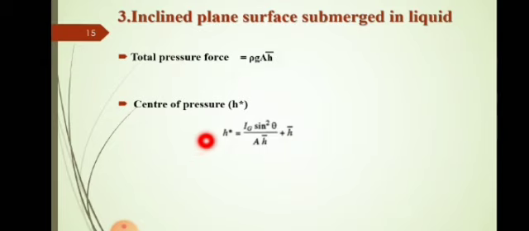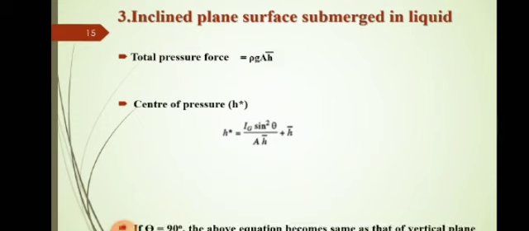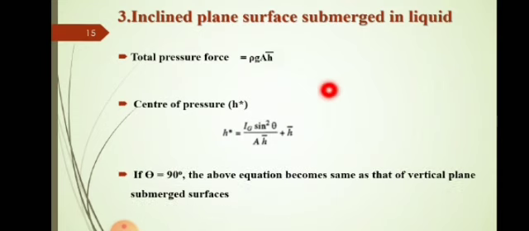So for the first case, the vertical case, the H star equation was Ig by A h bar plus h bar, but here for inclined plane surface, H star is equal to Ig sine square theta by A h bar plus h bar, where theta is the inclination of the inclined plane. So if theta is equal to 90, what does it mean? If theta is equal to 90, the plate will be vertical. So the equation will be H star is equal to Ig by A h bar plus h bar.